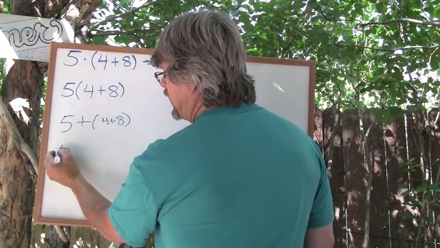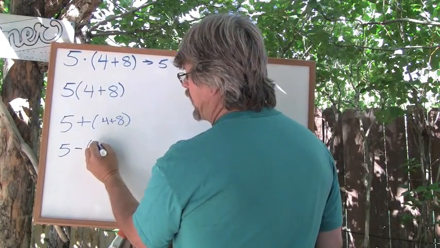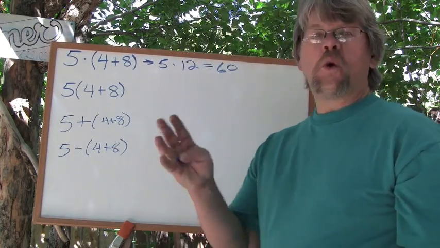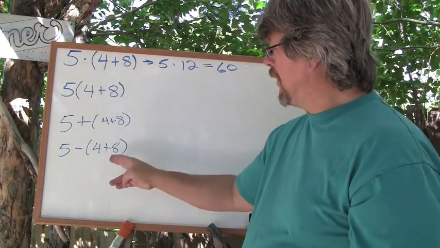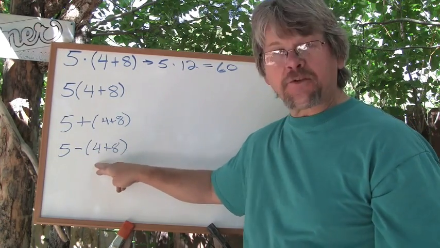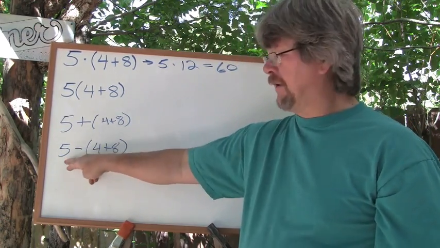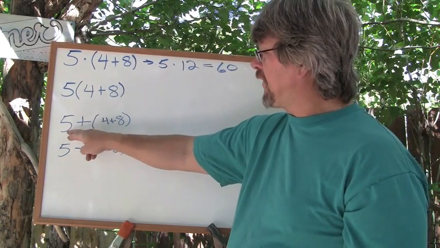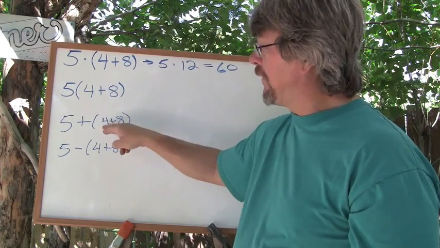Once we solve what's in the parentheses, this entire answer is going to be subtracted from 5. It's going to be 5 minus whatever this is. This is going to be 5 plus whatever is in this group.